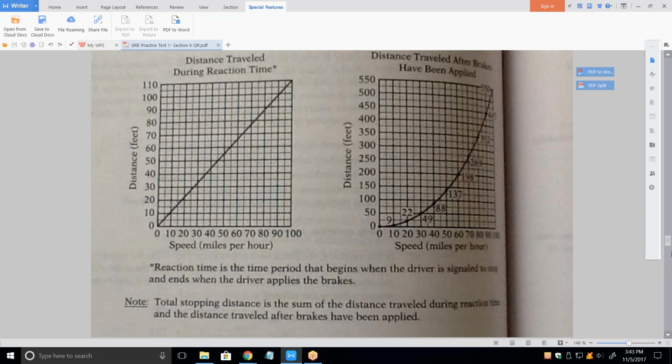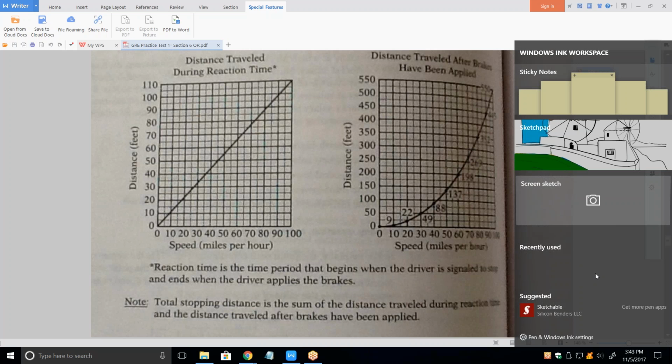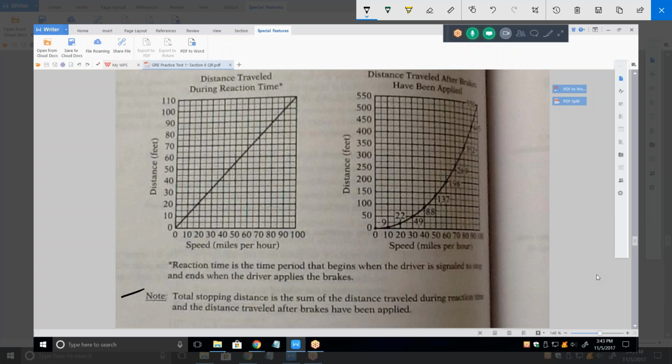So it's saying the total when you're going 40 miles an hour. Well, this says the total is the sum of the two distances. Right here, that note: total is the sum of both distances when you're going 40. So how far does the car go between the time you know you need to hit the brakes and hit the brakes, when you're going 40? So it looks like 88.